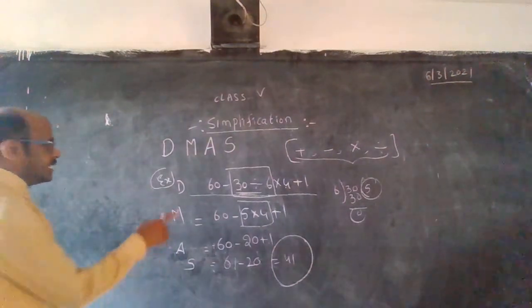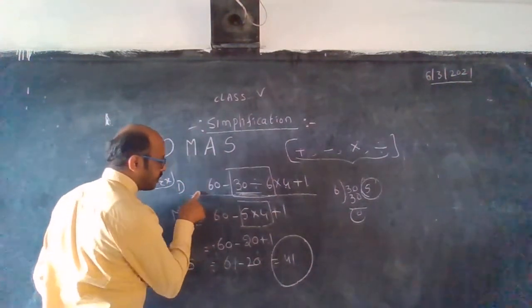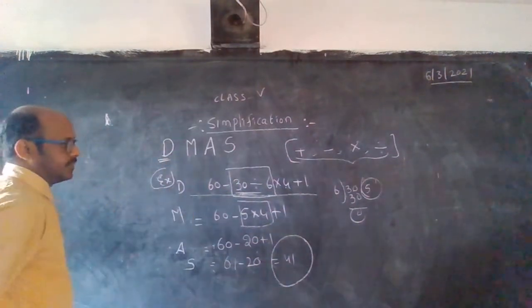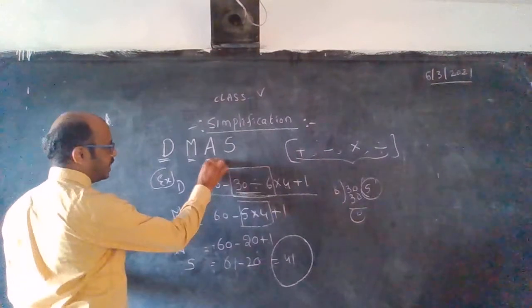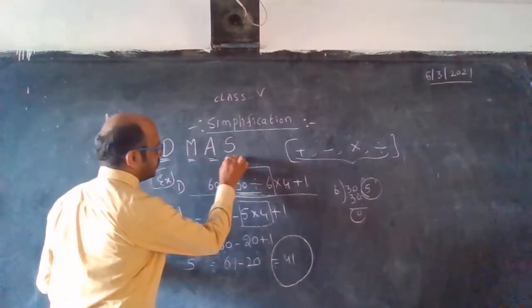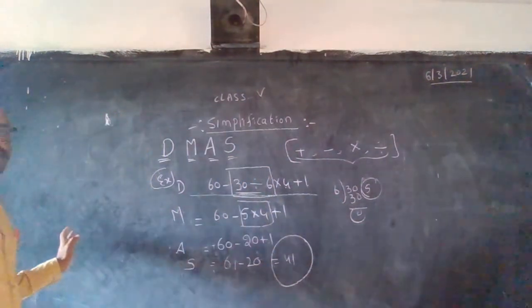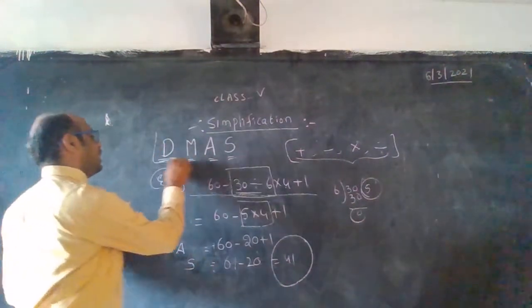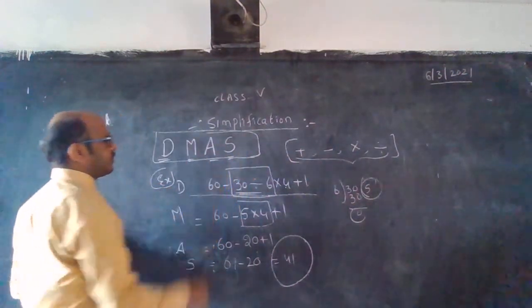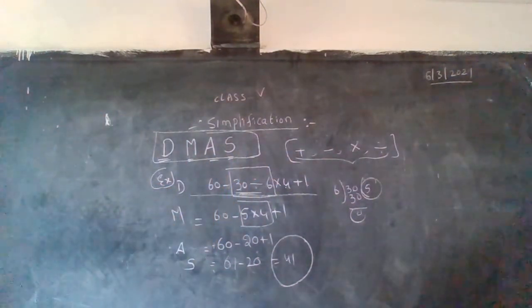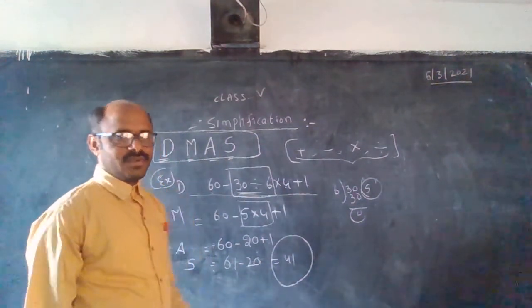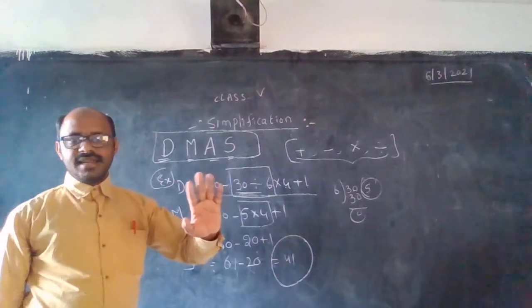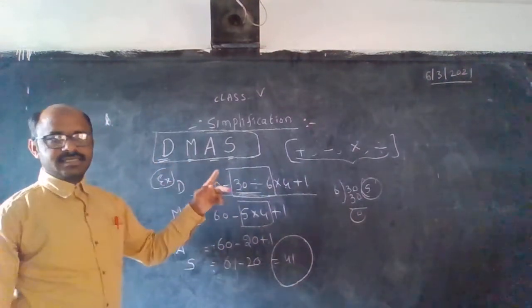In the simplification sum, first we applied division. Second we applied multiplication. Third we applied addition. Last we applied subtraction. All together read once. DMAS. What will it be? DMAS, not DMART. DMAS.